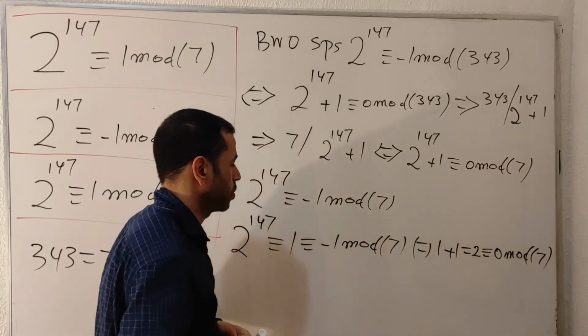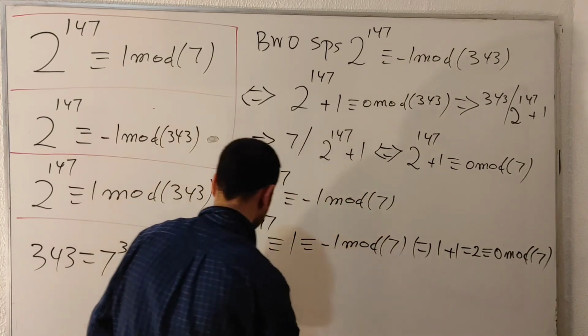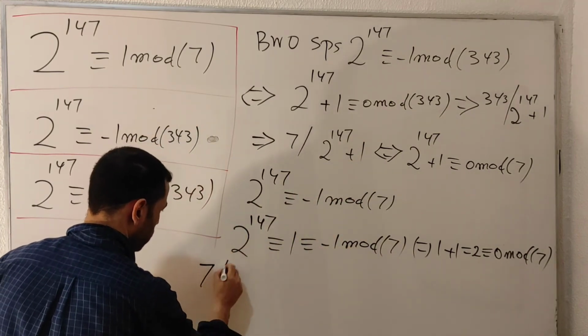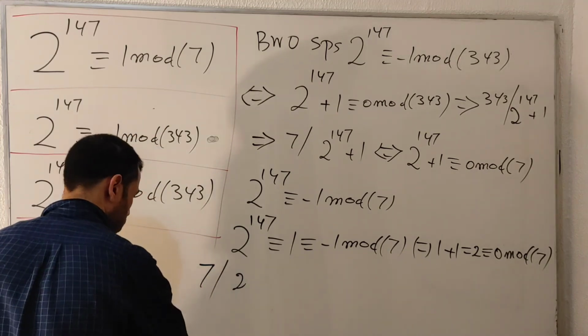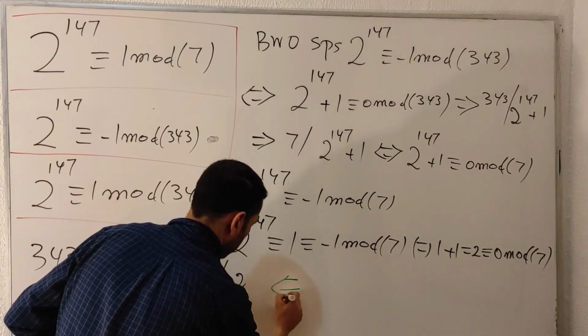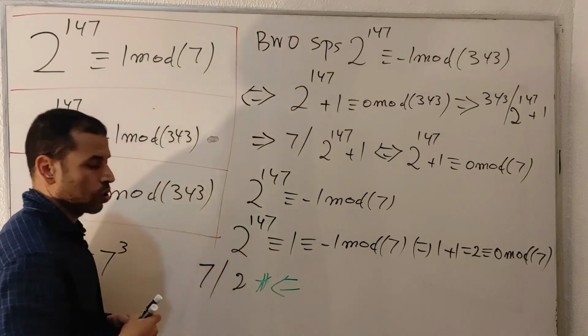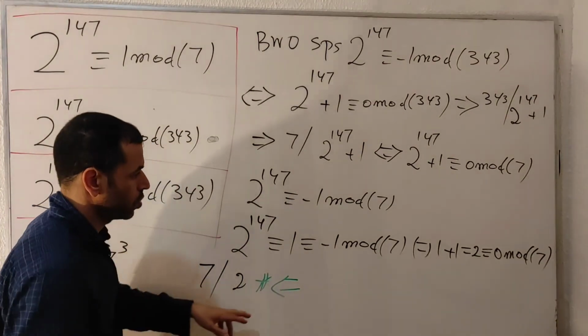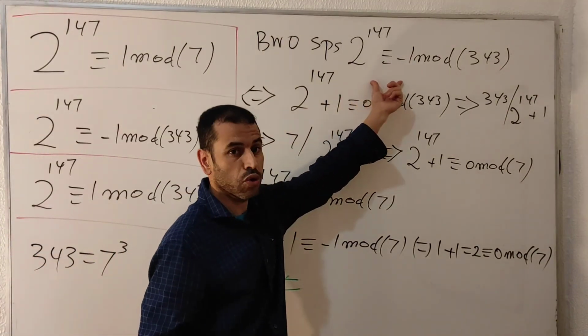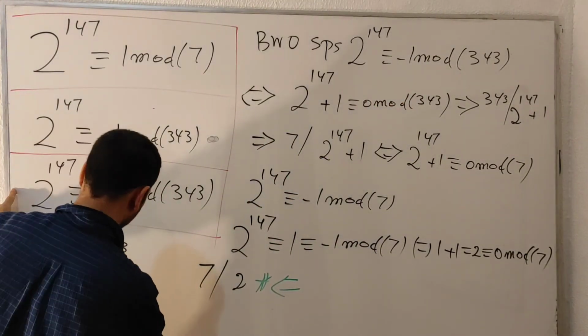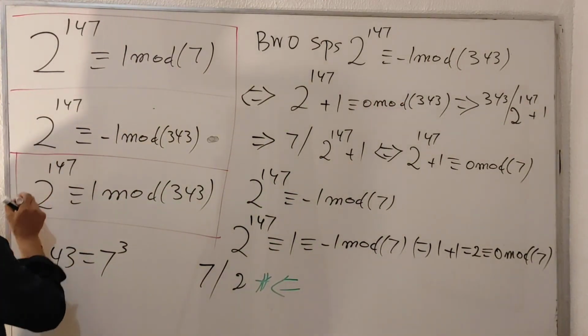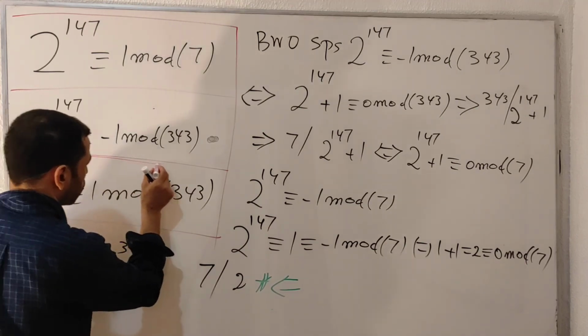This tells us 7 divides 2, which is impossible, a contradiction. 7 never divides 2, which means this choice is ruled out. So the other one is the right choice.